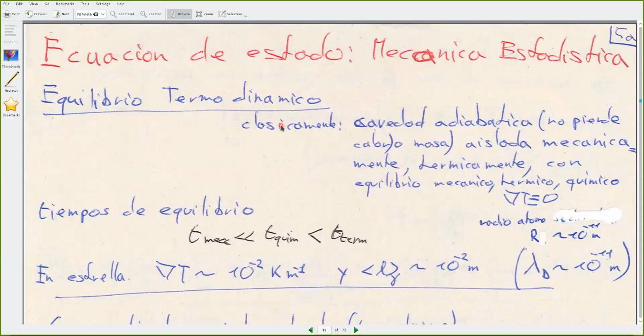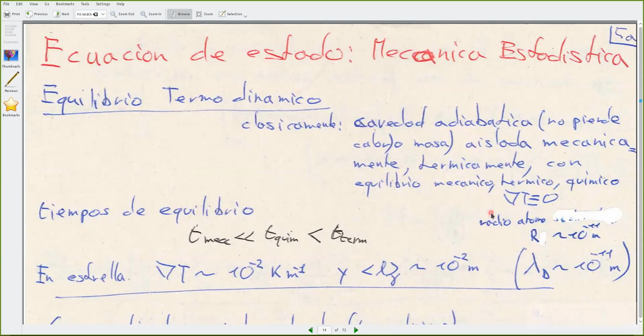It's saying that to have a thermodynamic equilibrium, you need classically an adiabatic cavity that is not losing heat or mass, mechanically isolated, thermally insulated, and in mechanical, thermal, chemical equilibrium. So the gradient of temperature must be 0, definitely.